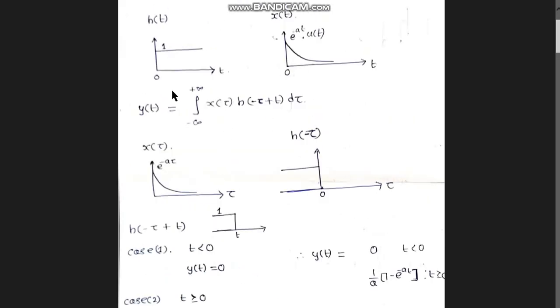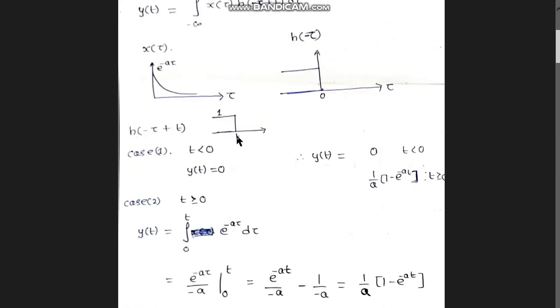Now we have to multiply these two signals. But before multiplying, we should know the value of t. Whatever value we give, we multiply these two signals and find the area.